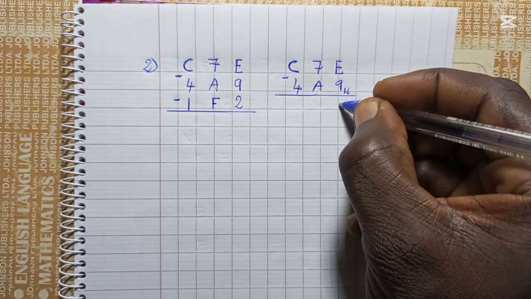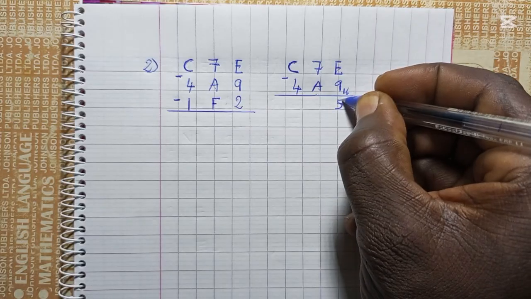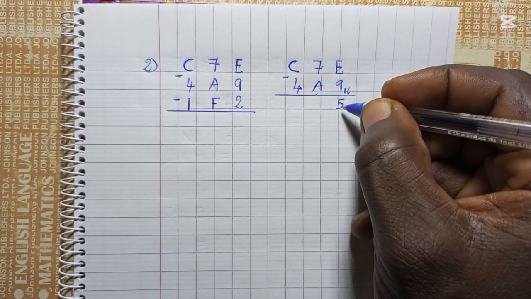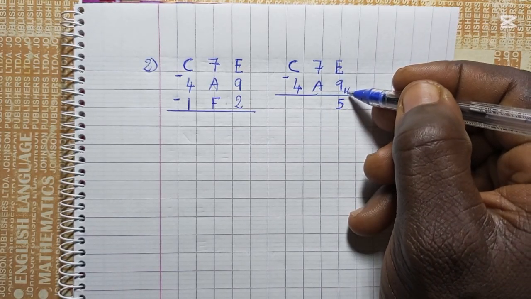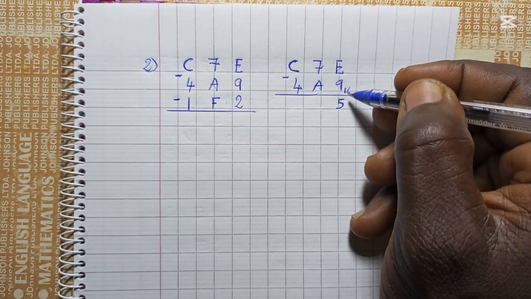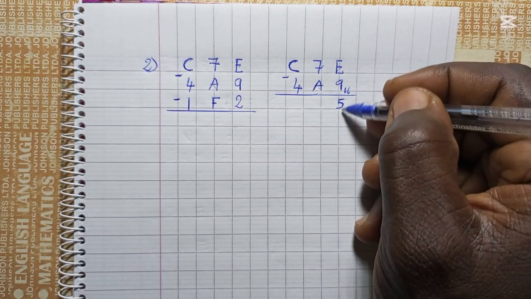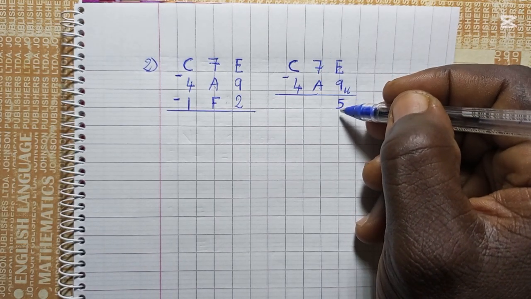We are going to write 5 directly. The reason why we are writing 5 is because 5 is less than the base number we are working with. You can just write it directly.